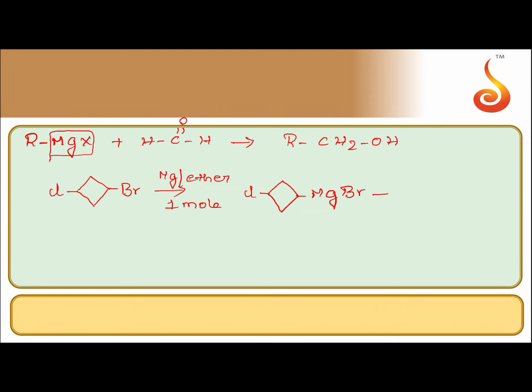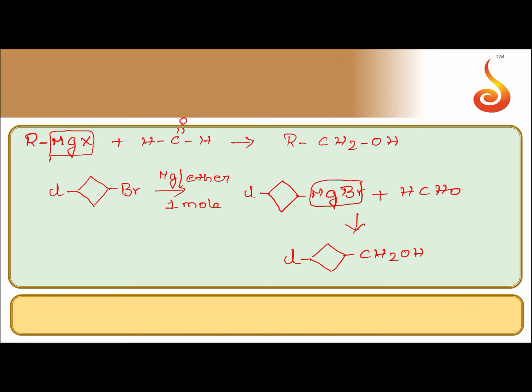This is the Grignard's reagent, which is now treated with formaldehyde. What shortcut did I teach you? Remove MgBr of the Grignard's reagent and put CH2OH. So that is the product obtained: Cl and CH2OH.